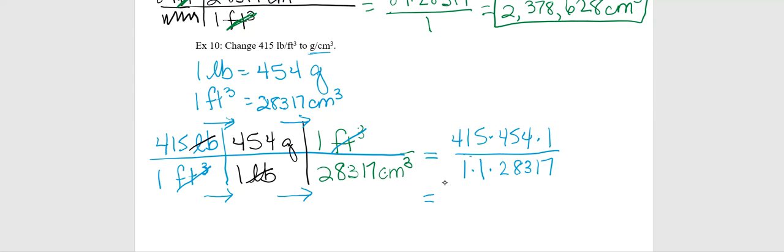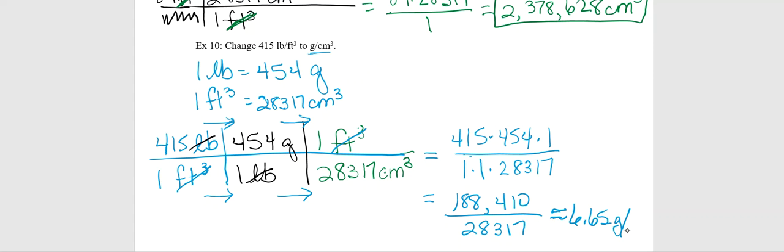In your calculator, 415 times 454 times 1 is 188,410. 1 times 1 times the 28,317. Do that in division now. Not a whole number, which is okay, so we're just going to do a little rounding. So it's approximately 6.65 grams per cubic centimeter.